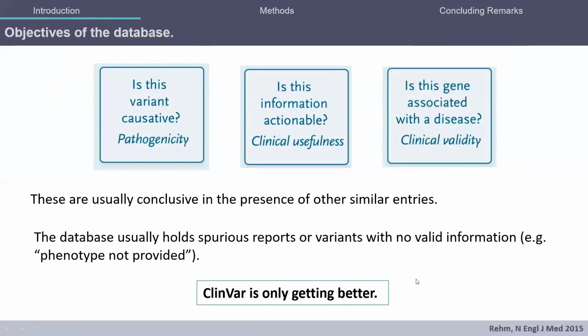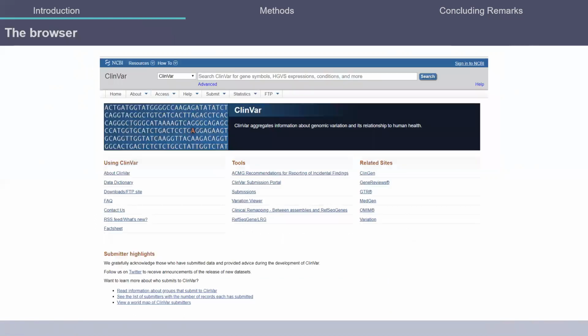In my personal opinion too, ClinVar is only getting better. It's constantly improving and updating itself, and the more variants we accumulate, the more accurate we're going to be able to predict pathogenicity of novel variants.